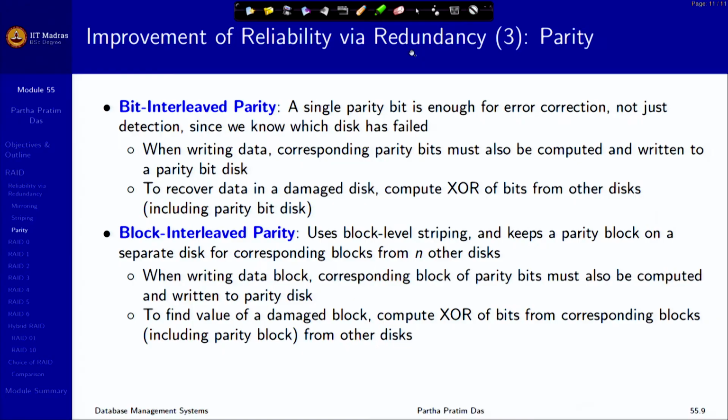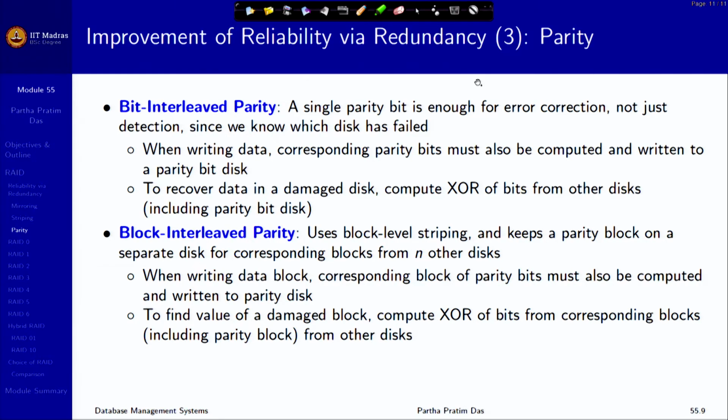The third that you use is again for correctness. You use parity. You know about odd or even parity. You take a unit of data, say 1 byte, you add up the bits, and as you add up the bits, you put an extra bit.